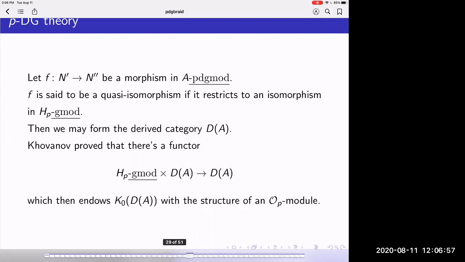And so if we invert quasi-isomorphisms, we form this derived category. And the functors from earlier descend to a functor from the stable category cross the derived category to the derived category. And I see there's a question, yeah, H has a homological degree. It's either minus P or something very close to that. Right, so the Grothendieck group of the derived category is also an OP module.